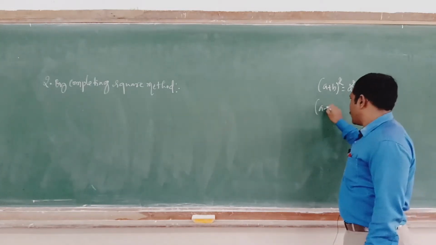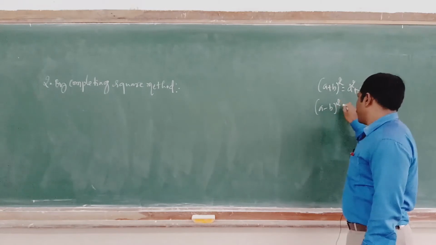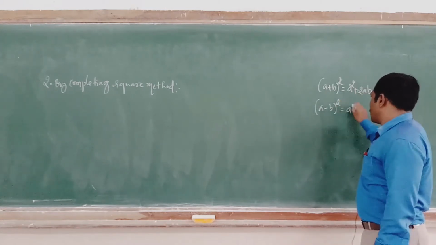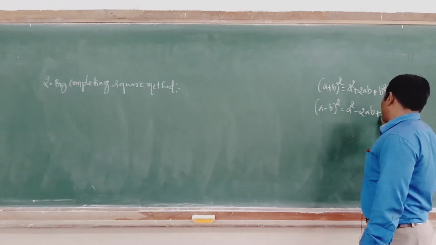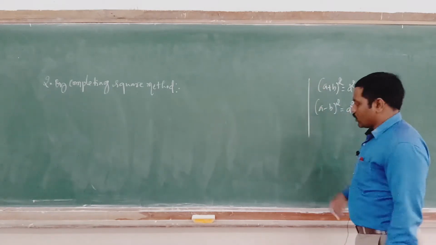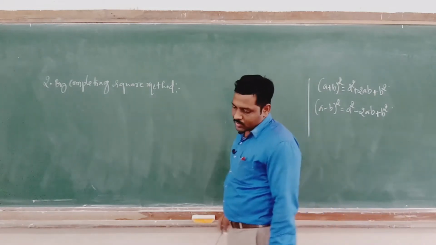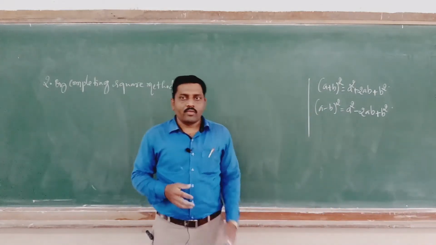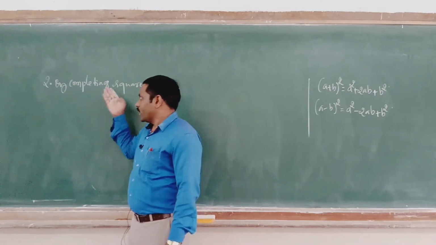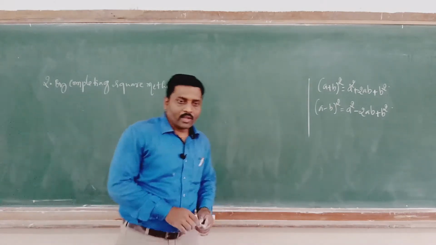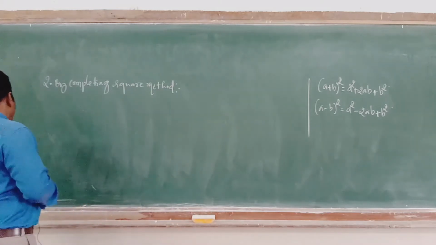And second one, (a minus b) whole square is equal to a square minus 2ab plus b square. These two algebraic formulas are very important for finding the solution of a quadratic equation by the completing the square method.